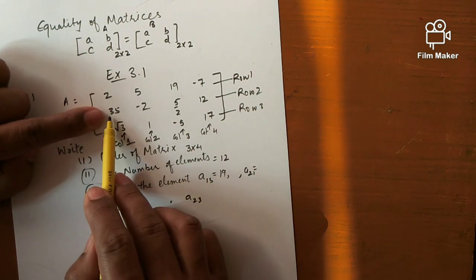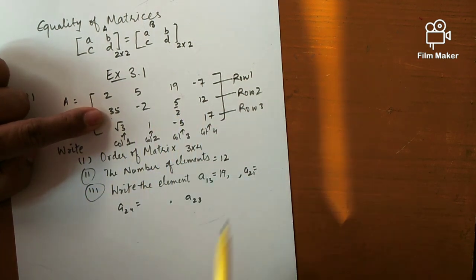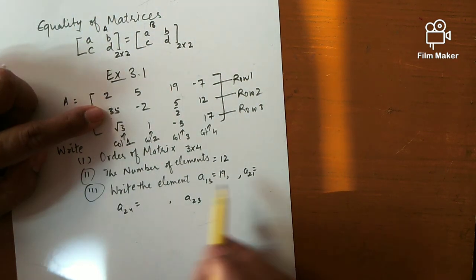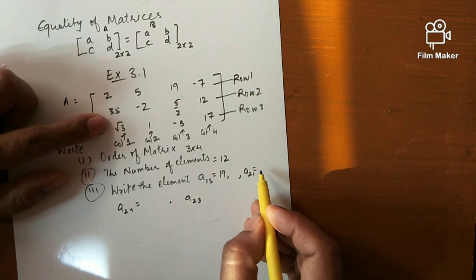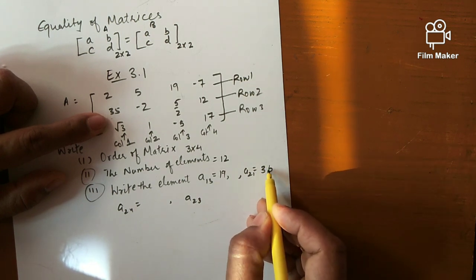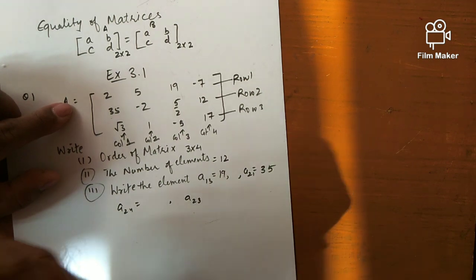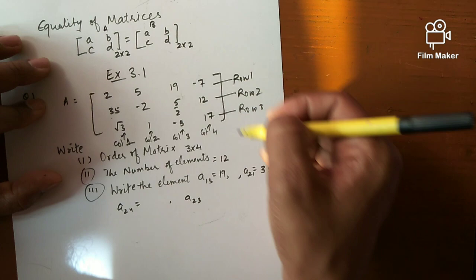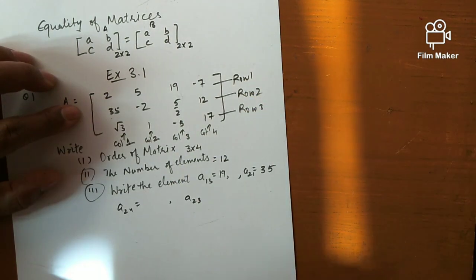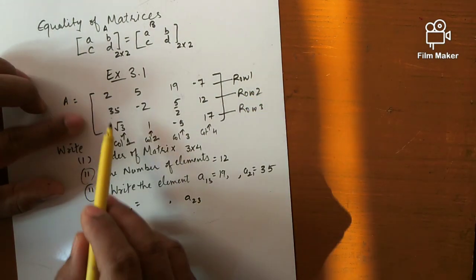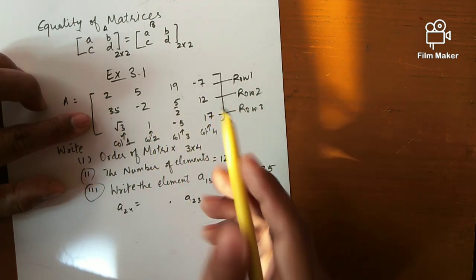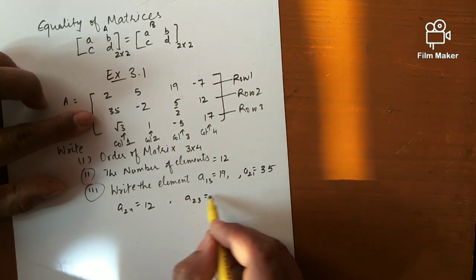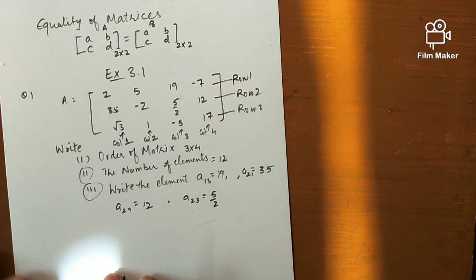Row 2 is 35, minus 2, 5 by 2 and 12, and column 1 is this, so the element is 35. Rows should start from left to right, though I don't have space, so I've written the number of rows here. Now A24 is the second row and fourth column, which is 12. Second row and third column is 5 by 2. So we have answered question number 1.